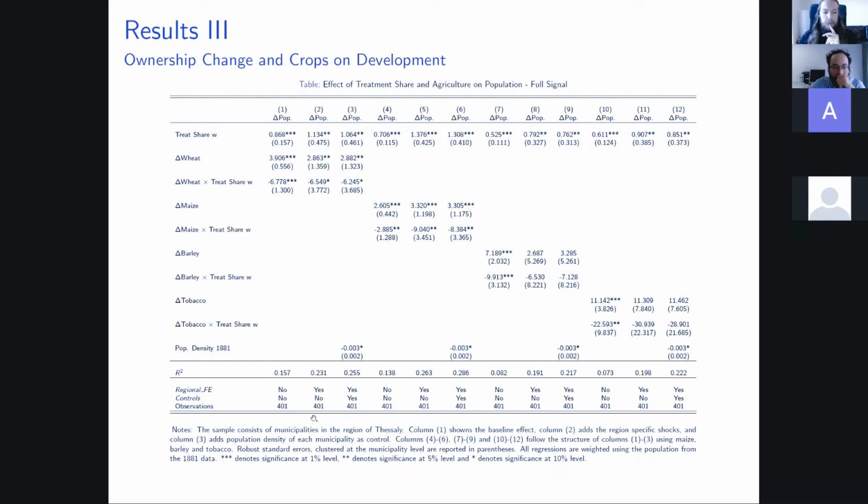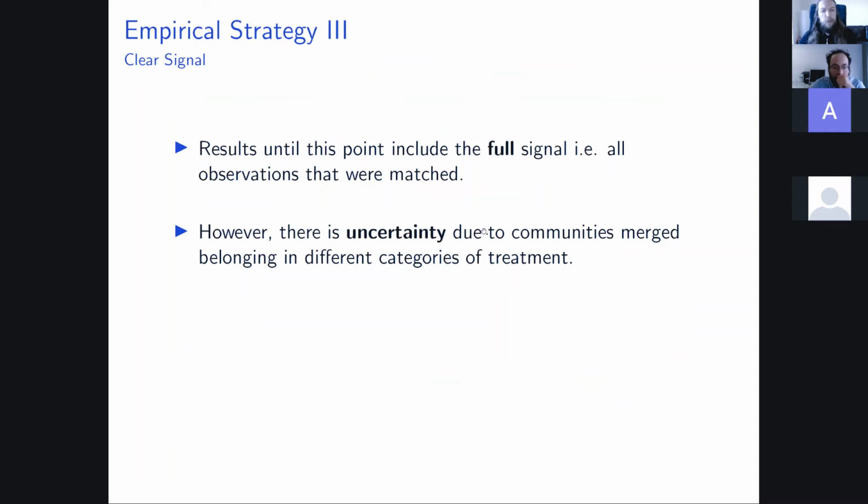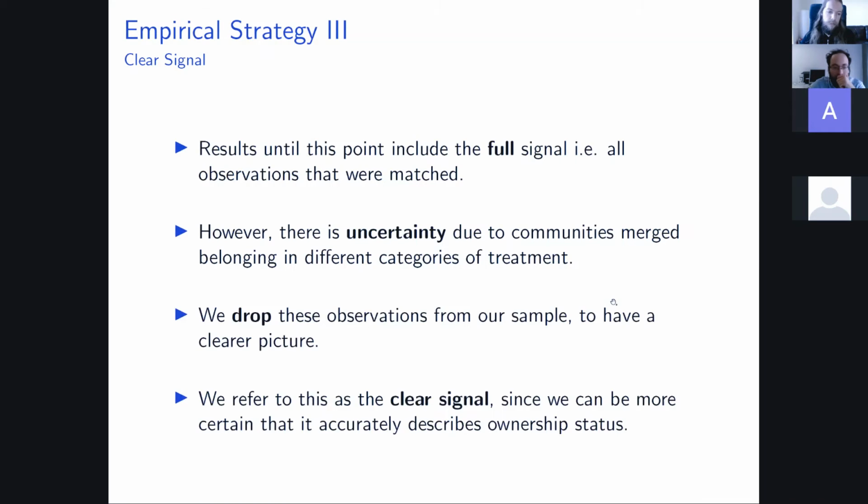And you can see that even with adding the regional fixed effects and controls, it doesn't really change. And one of the things we want to do, because we think it's providing a clearer picture, is to then go and drop some of the communities that, as you can probably tell, due to merges, there are many uncertainties because you have communities that belong to different categories of treatment, which had to be merged in the first stage.